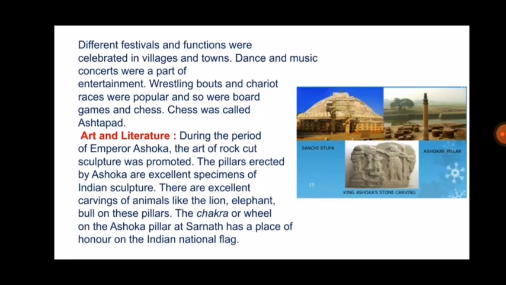There are excellent carvings of animals like the lion, elephant, and bull on these pillars. The chakra or wheel on the Ashoka pillar at Sarnath has a place of honor on the Indian national flag.